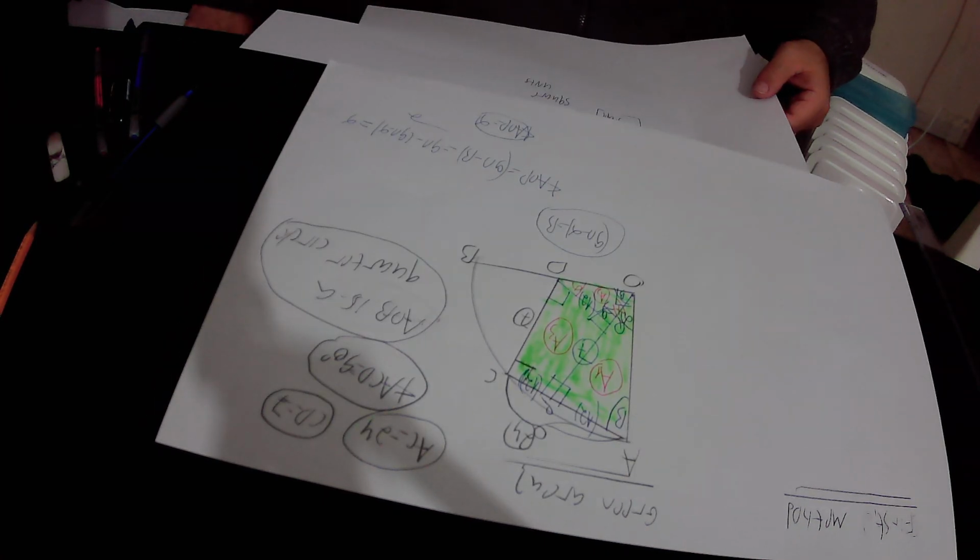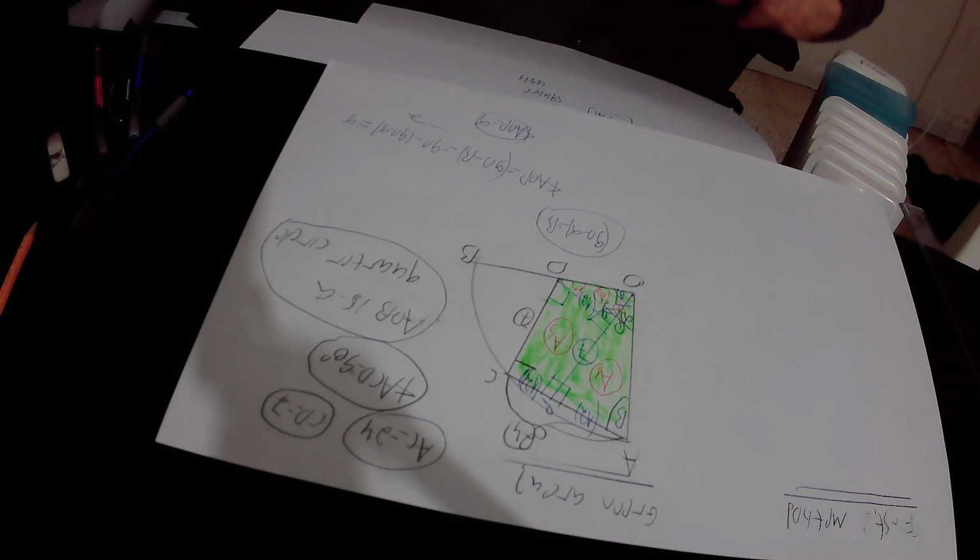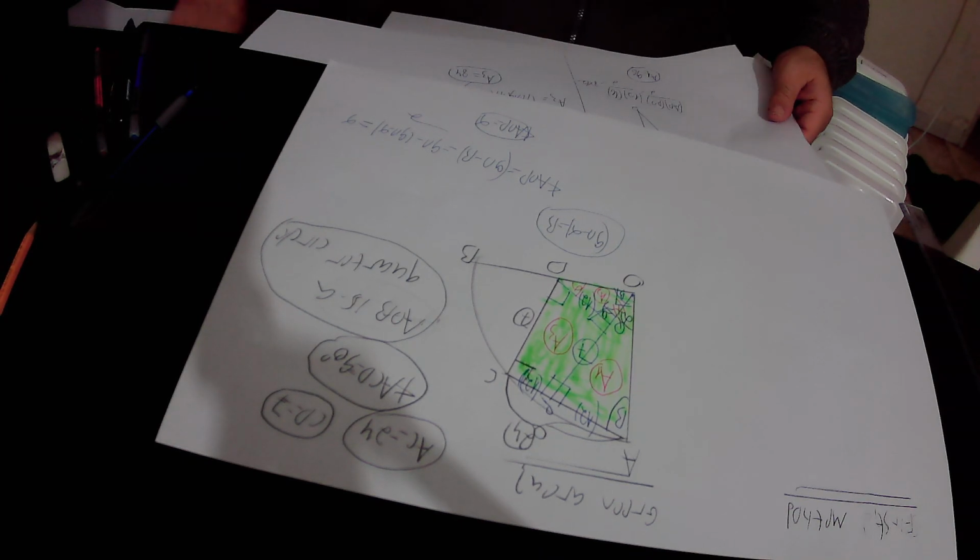Then I will present to you how to find the area of this green shape according to the second method.